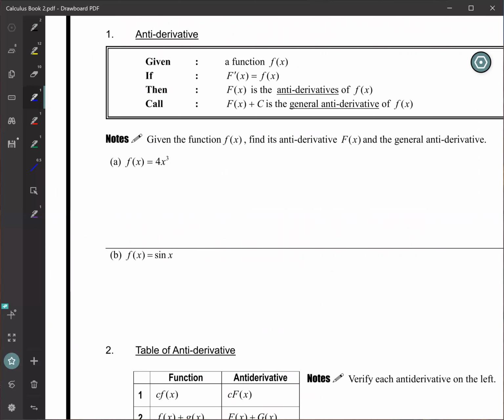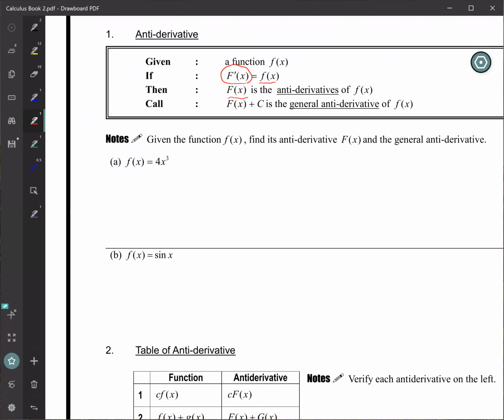It says if there is some function big F, and if you prime it, it gives you f of x, then big F is the antiderivative of f. Unprime of f. Think about this, because now we need to twist our head backwards.